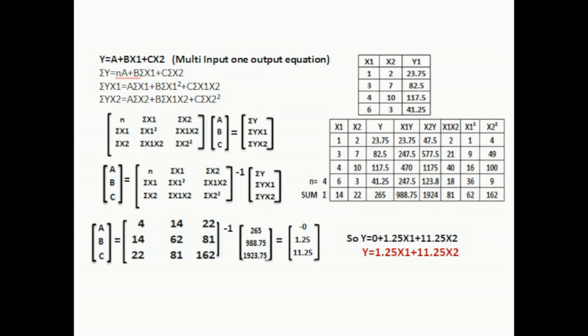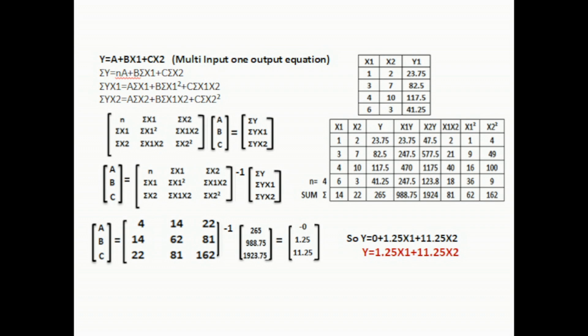See here, first, if x1 is equal to 1, x2 is equal to 2, then y1 is equal to 23.75. If x1 is equal to 3, x2 is equal to 7, y1 is equal to 82.5. If x1 is equal to 4, x2 is equal to 10, y1 is equal to 117.5.